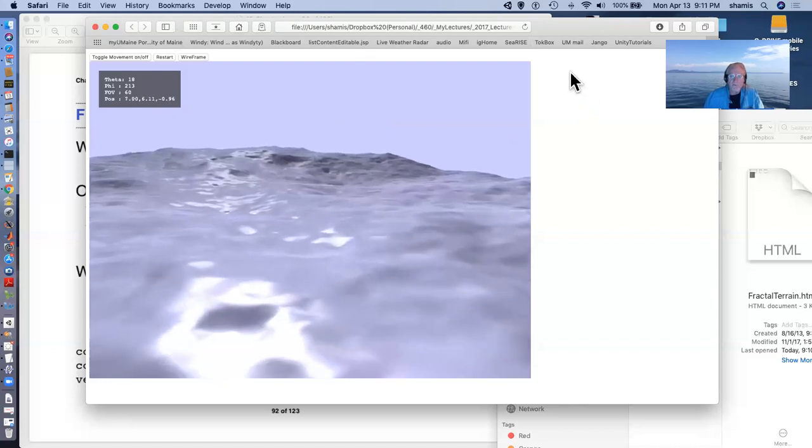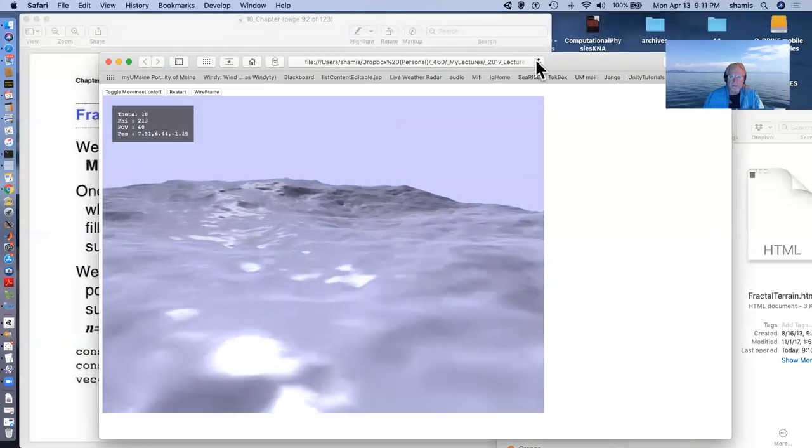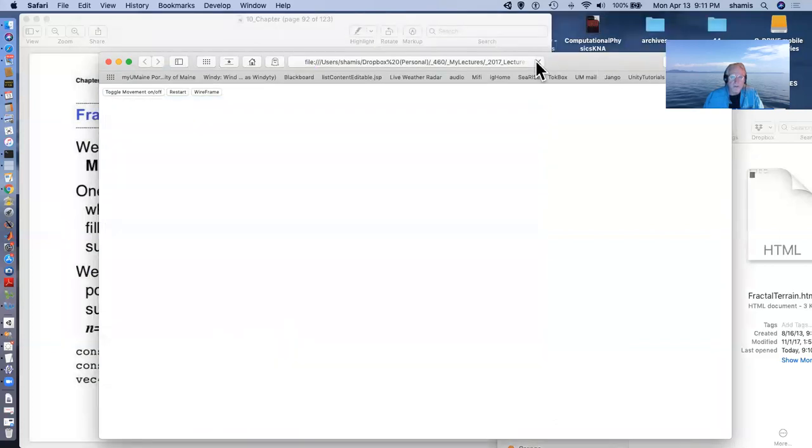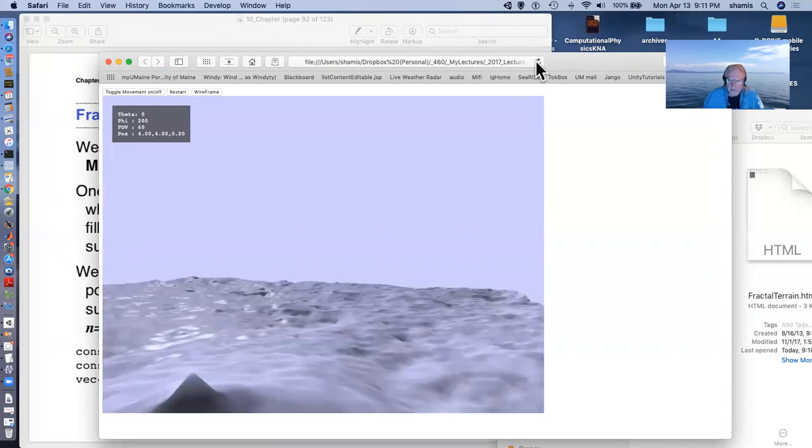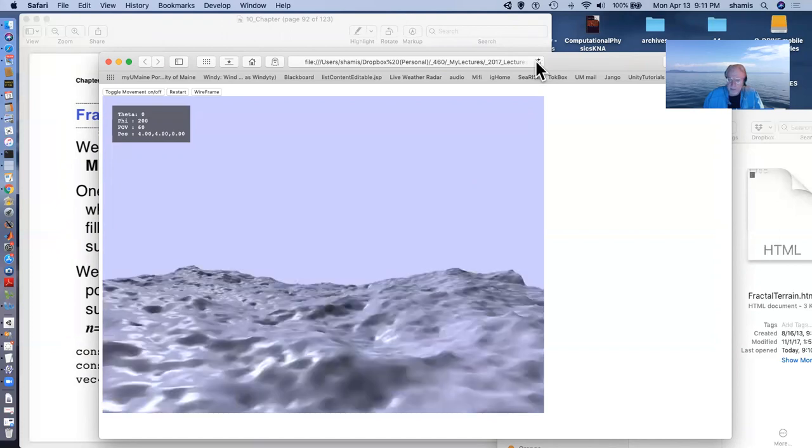And if I run this again, I'll get a different landscape. And if I run it again, I get a different landscape. But in each case, it looks kind of realistic in the sense that it's a randomly generated, but self-similar, fractal surface.